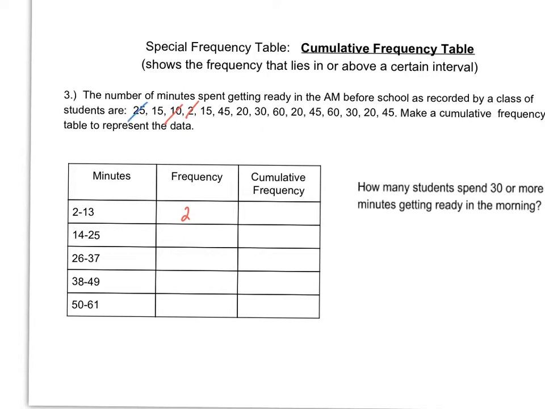So it looks like we got 1, 2, 3, 4, 5, 6. All right, 6. All right, and now we're 26 to 37. 1, 2. Okay, don't think I missed any on there.